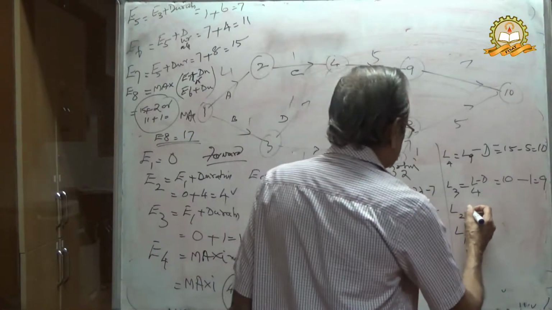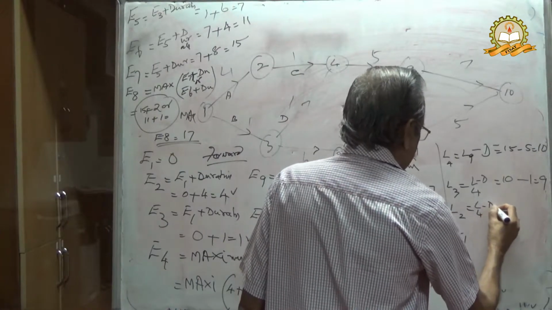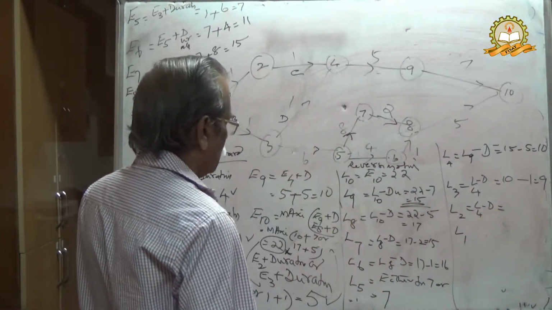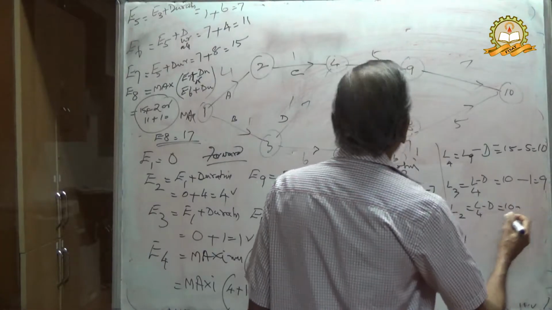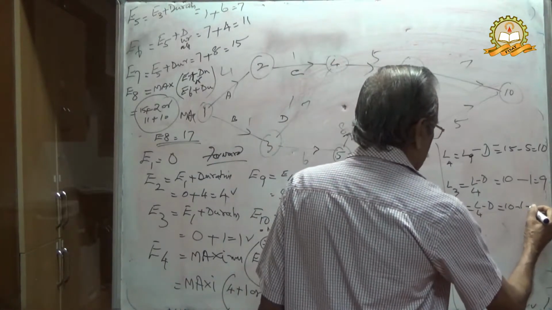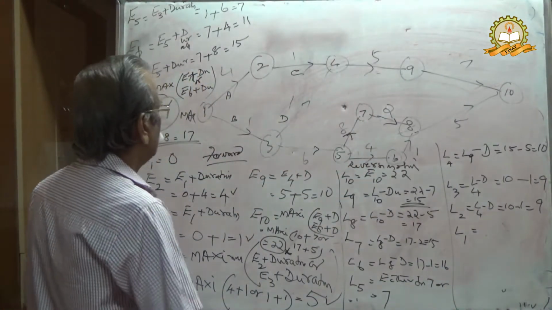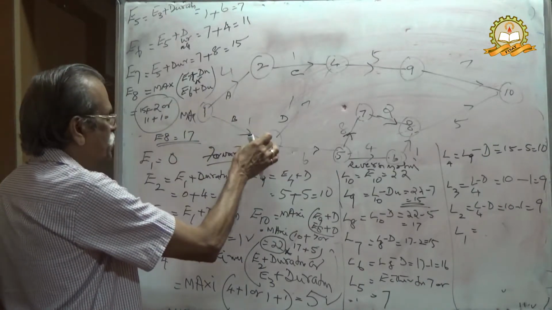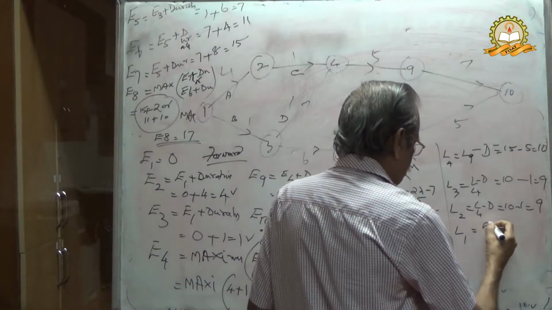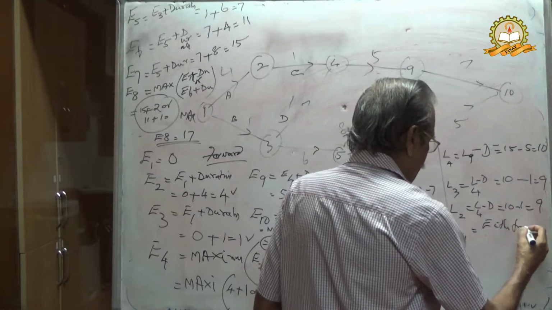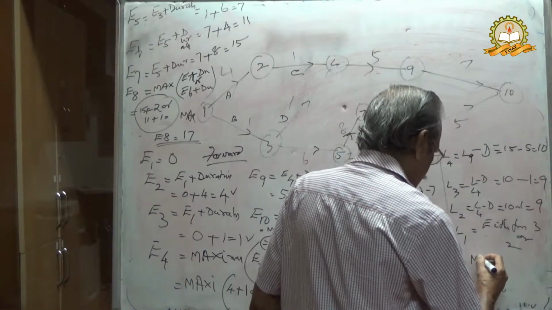L2 can come from 4. Therefore L2 will be L4 minus duration, 10 minus 1 equal to 9. And L1, now here you can see L1. Reverse process, it can come from 3 or from 2, so here you use minimum.